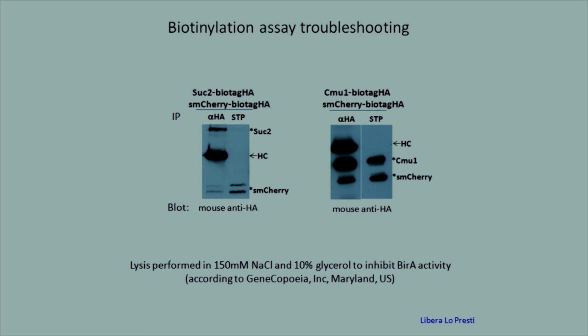And you can see this addition brought a major improvement for the invertase. However, mCherry was still biotagged. In this case, it was a strain expressing the chorismate mutase and mCherry, and we find both proteins biotagged. So we always find mCherry biotagged.